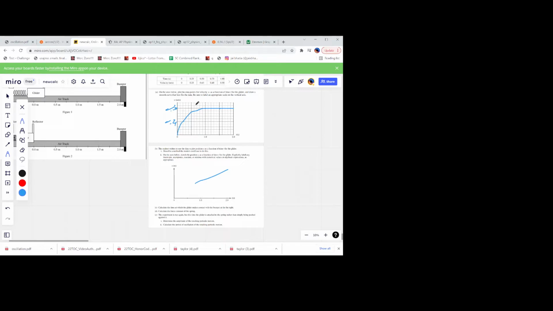So the acceleration is kx over m. Then the velocity is going to be like kx squared over 2m. Then here we're going to have kx, it's going to be like a cubic looking thing.